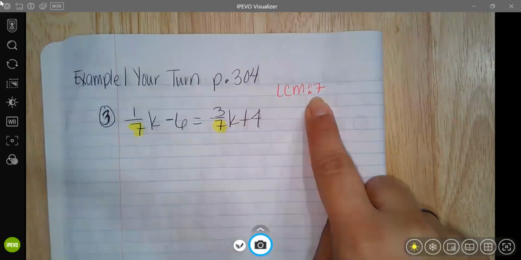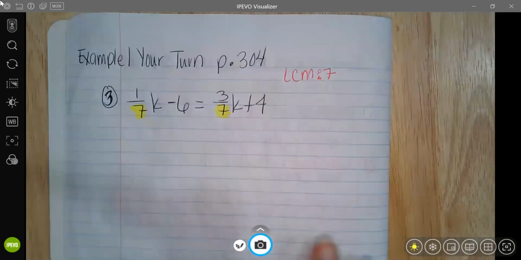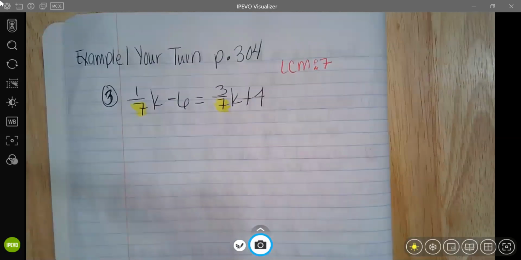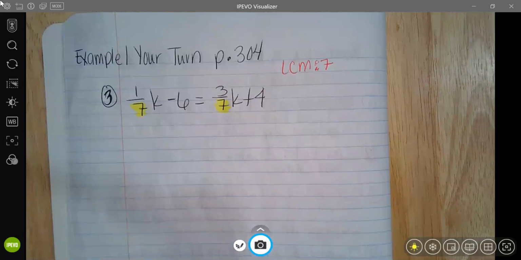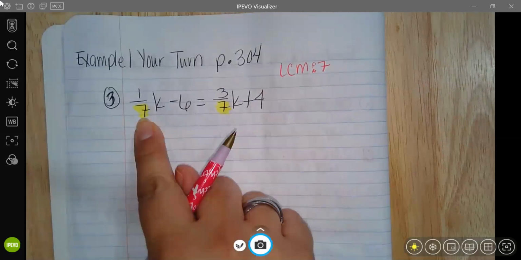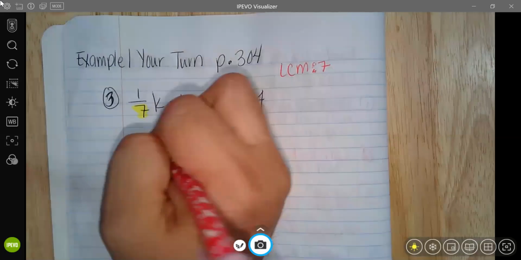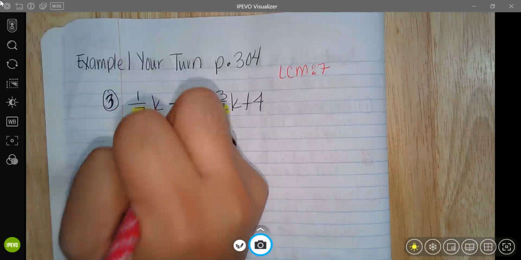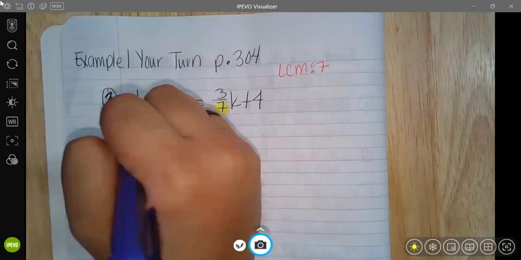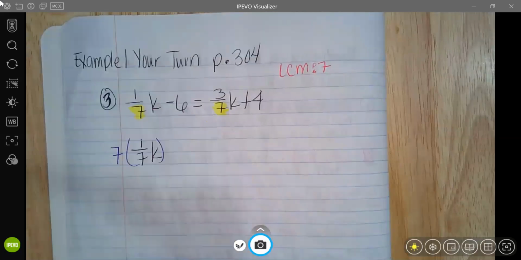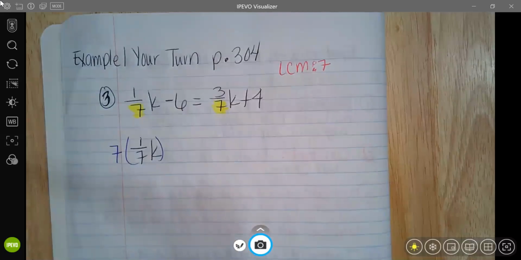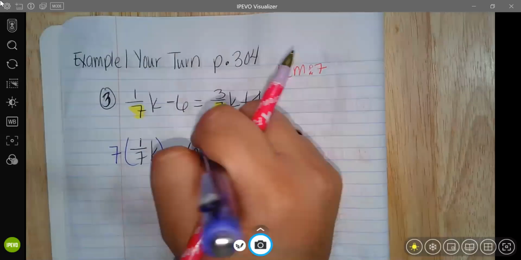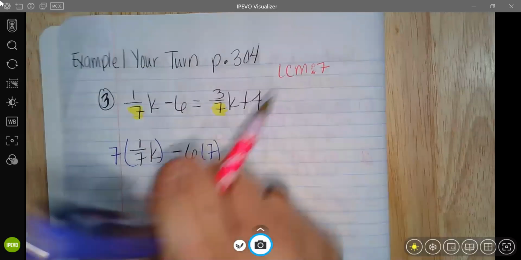Okay, so I'm gonna break it down just like we did for example 1 itself. I'm gonna do the exact same thing. So I'm gonna take 1/7 K, and I'm gonna multiply it by our LCM, which was 7. Minus 6, and I'm gonna multiply it by, you guessed it, LCM, 7.